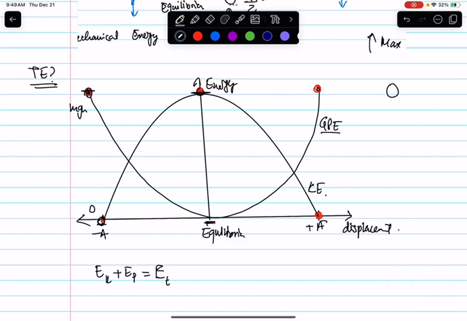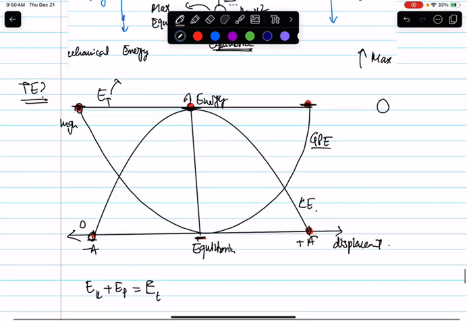Similarly, at the positive amplitude, kinetic energy is 0 and gravitational potential energy is maximum. If you add the respective energy values on the y-axis, you get this straight line, which states that the total energy in a simple harmonic motion system remains constant.